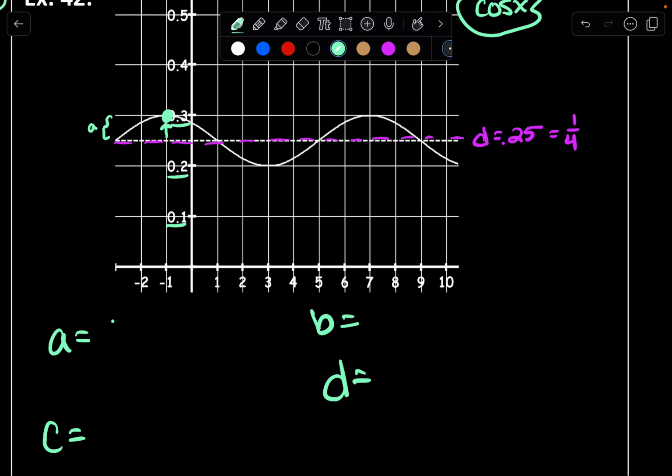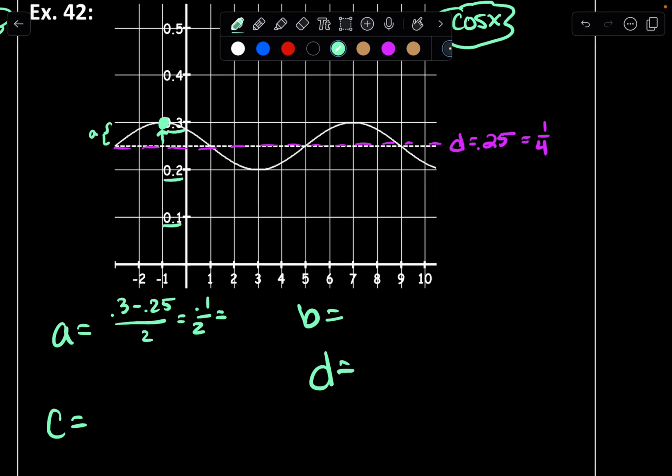So we have 0.3 minus 0.25 divided by 2, which is equal to 0.1 divided by 2, which is equal to 1/20th. Oh, so I guess just 0.05. So 1/20th or 0.05. So that's fraction fun. 0.1 divided by 2 is the same as 1/10 divided by 2.